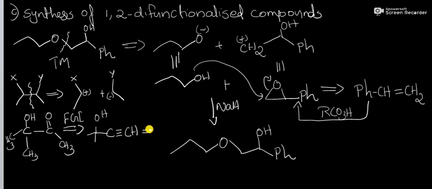Then we disconnect at this bond. We get two synthons. One is (CH3)2C(OH) plus, an alcoholic cation, and another one is our alkyne, C≡CH minus.